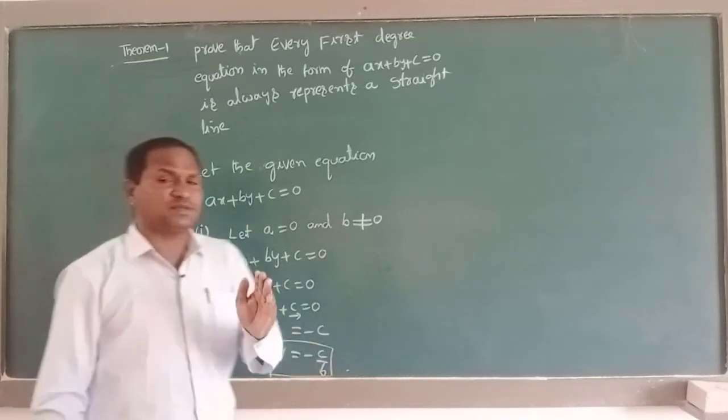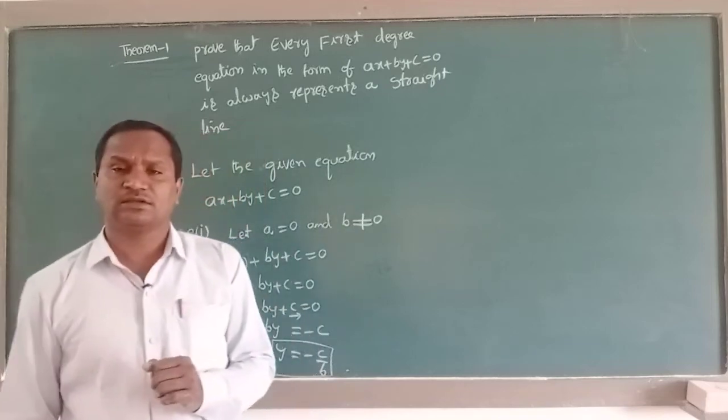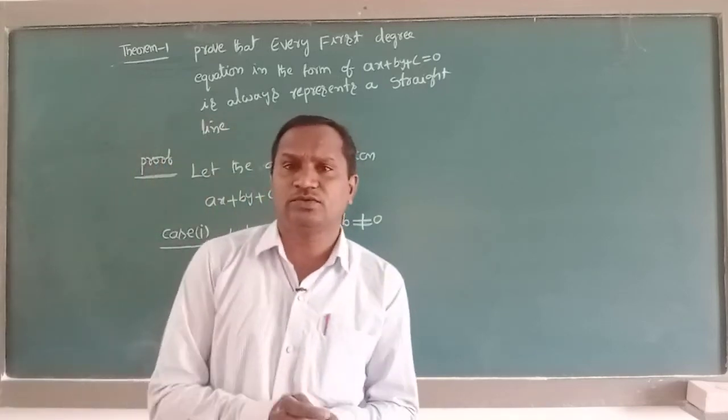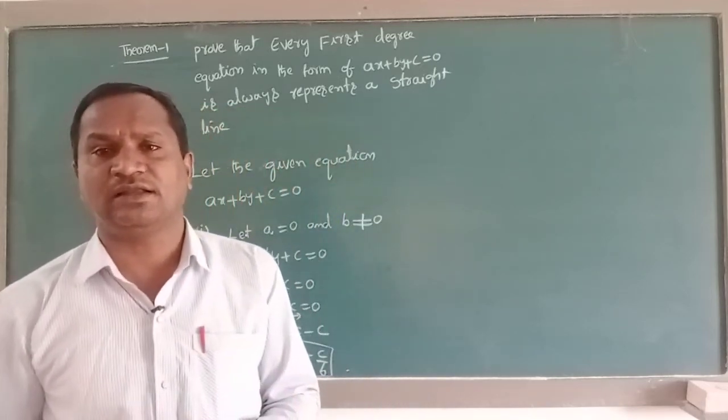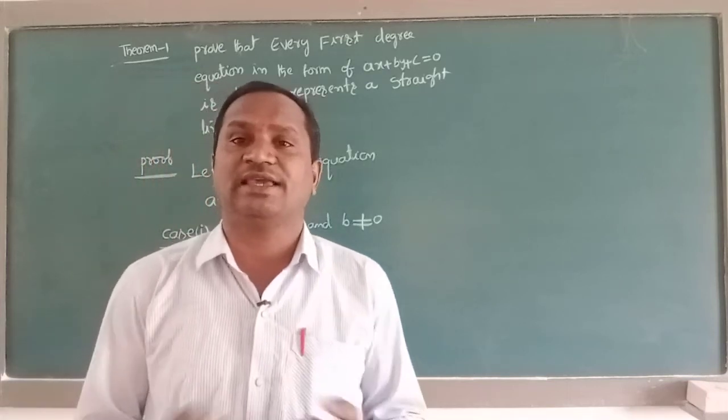Where minus c by b is some constant k, and y is equal to k. It always represents a straight line parallel to which axis? X axis.